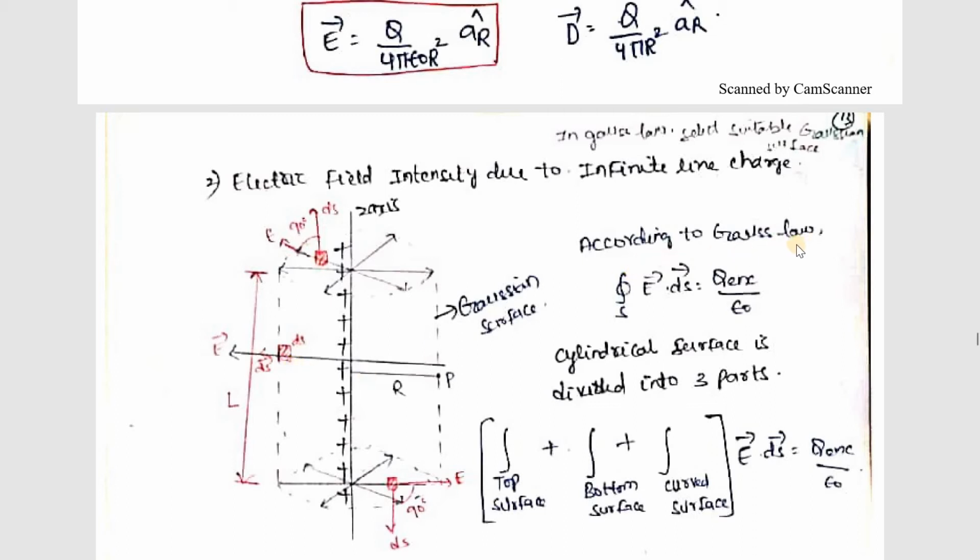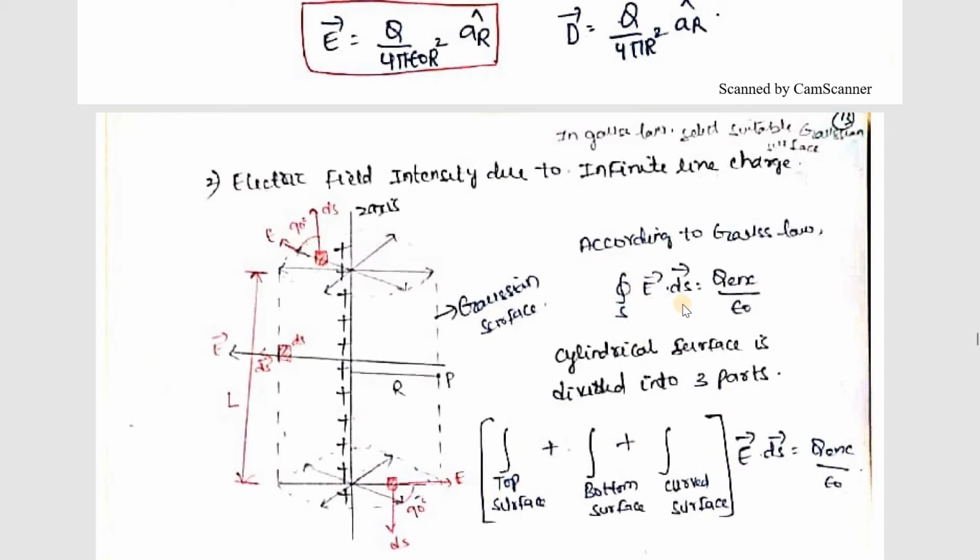So according to Gauss law, surface integral E dot ds is equal to Q enclosed by epsilon naught. Since the Gaussian surface is a cylinder, the cylindrical surface is divided into three parts: top surface, bottom surface and curved surface. So this integration is divided into three parts.